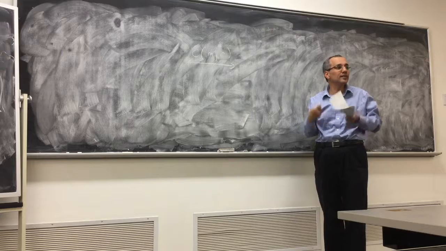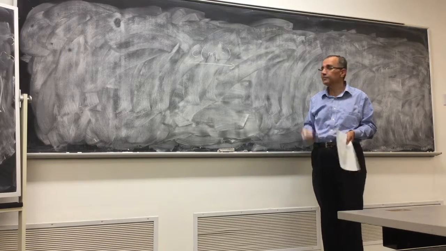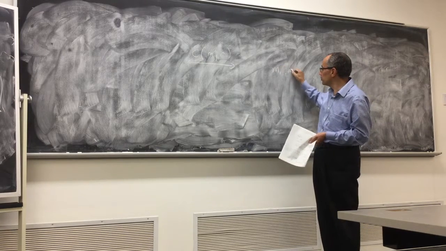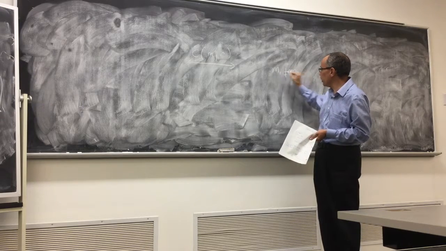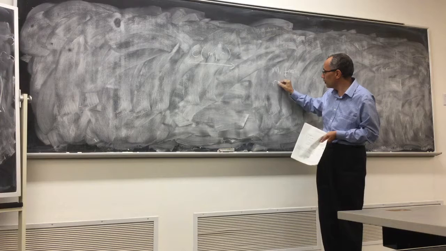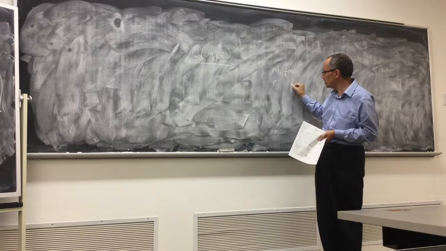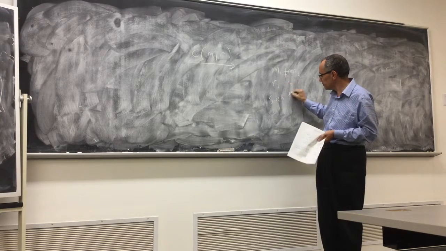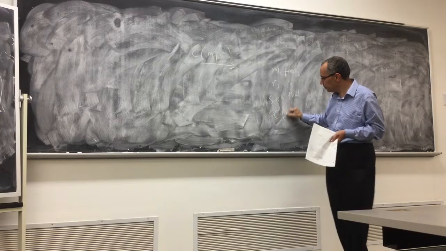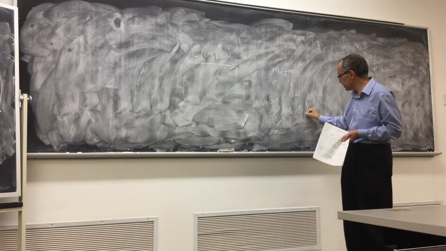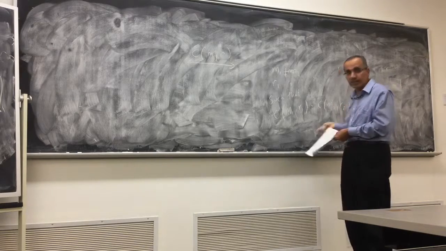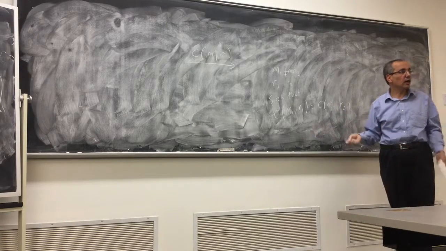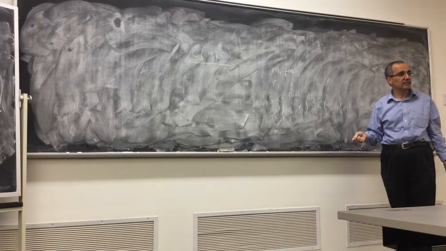But what this implies is that there always exist M1 and M2, such that M1 is not equal to M2, and R1 and R2, such that C of M1, R1 equals C of M2, R2. This was my condition to achieve unconditional hiding.